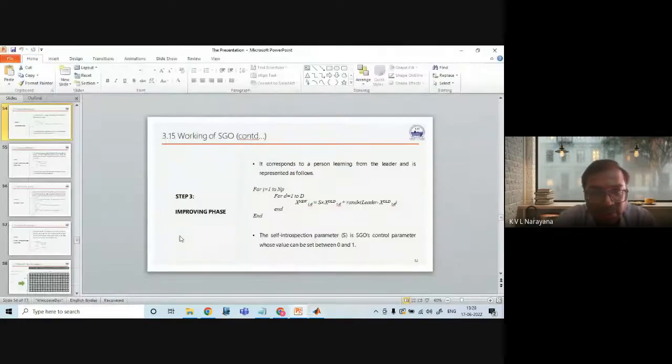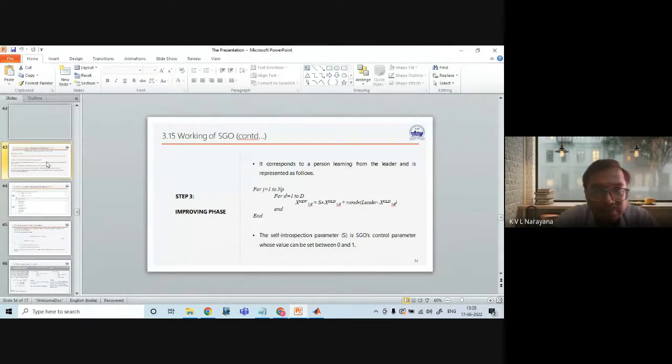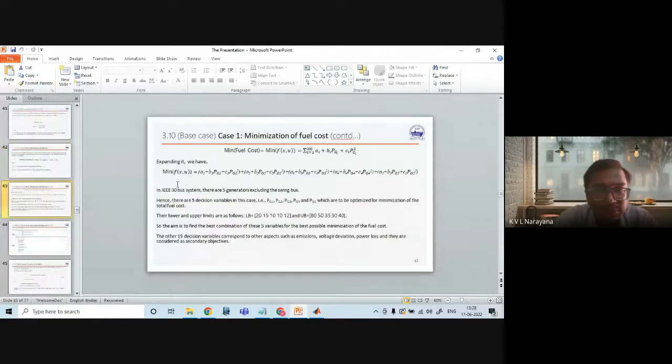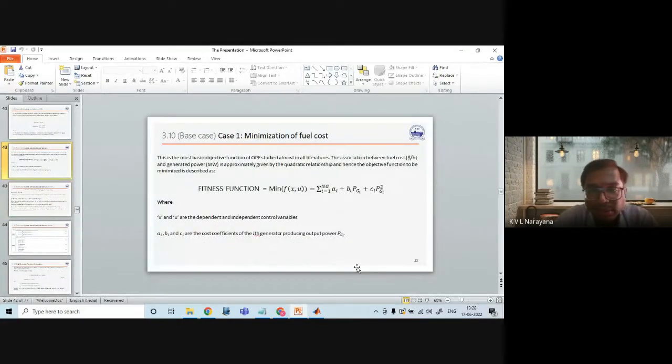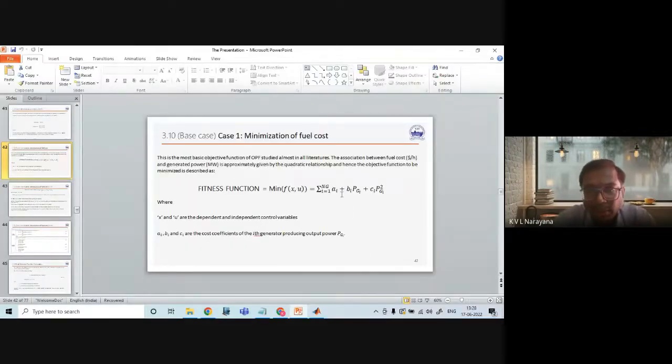Just I will show here the formulation of this one. You can see here. Right. So this is the fitness function, right? You are able to see here. So ai plus bi Pg1 plus ci Pg square.